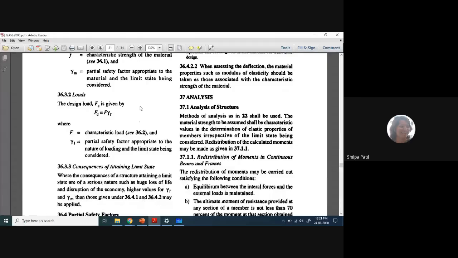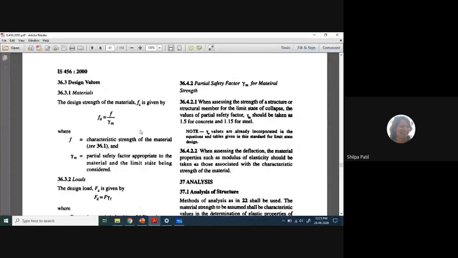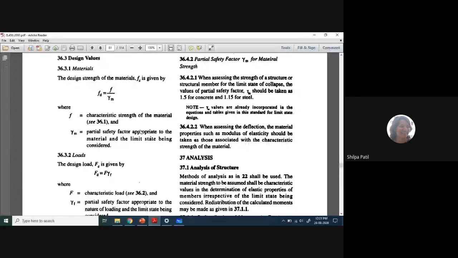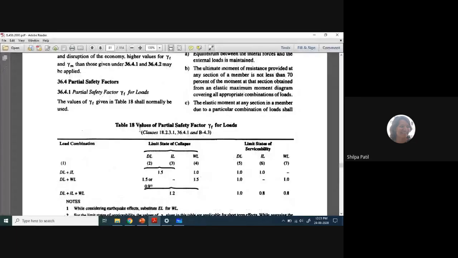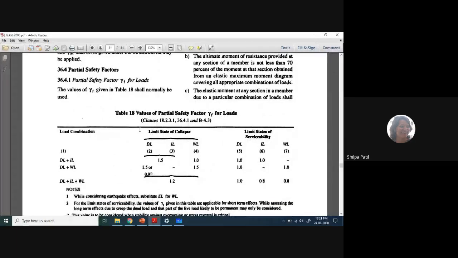Yes, ma'am. Now, what is the partial safety factor? The partial safety factors are already given here, which we discussed in the very first week lecture. For dead load and live load, for this particular combination, the corresponding partial safety factors are 1.5. I'm considering only dead load. So for only dead load also the partial safety factor is 1.5.